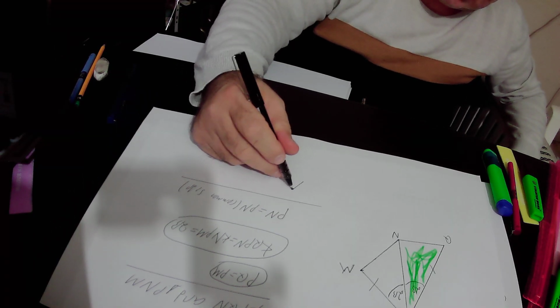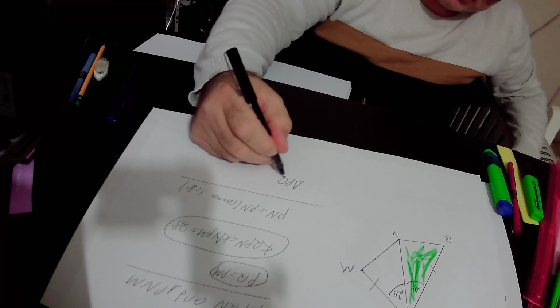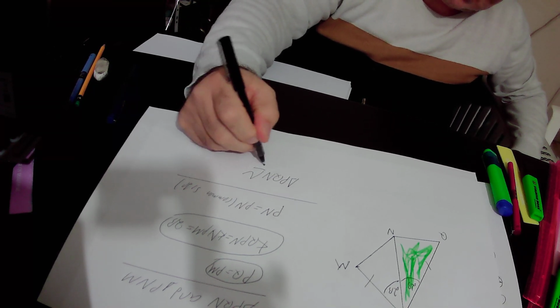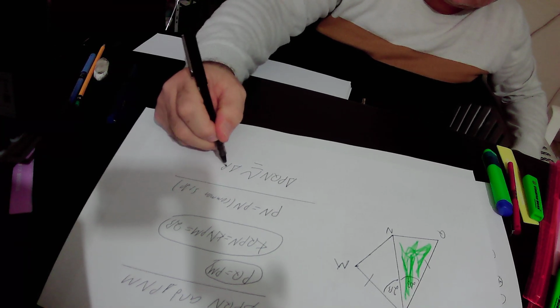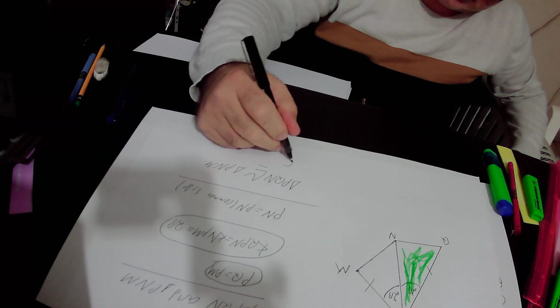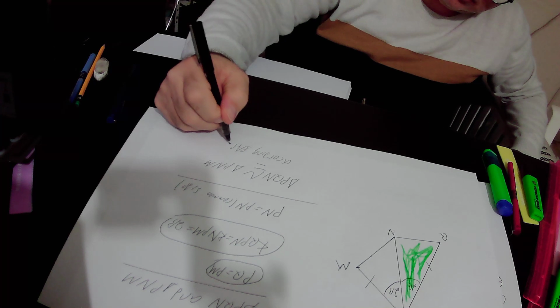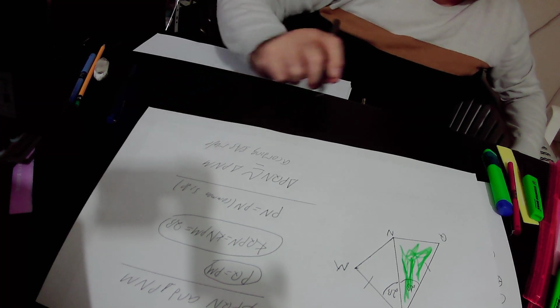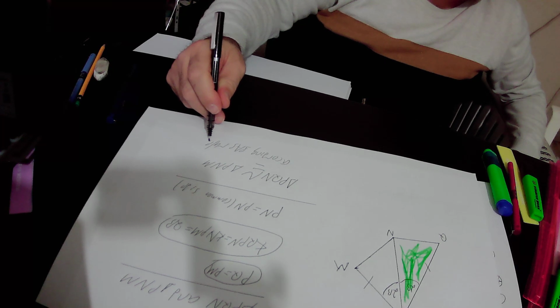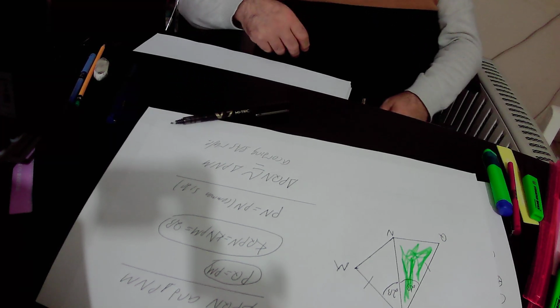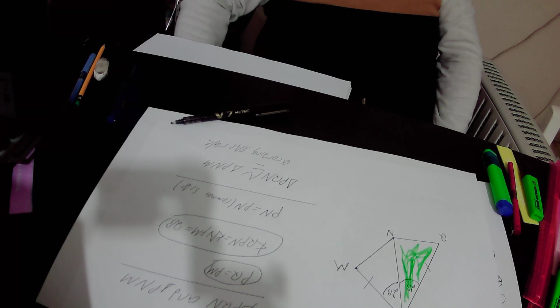I'll write it down. Triangle PQN congruent to triangle PNM according to side angle side rule. What is side angle side rule? Side angle side rule is that if you prove that two sides and the angle between them in one triangle are congruent to two sides and the angle between them in another triangle, then you proved that those two triangles are congruent to each other according to side angle side rule.